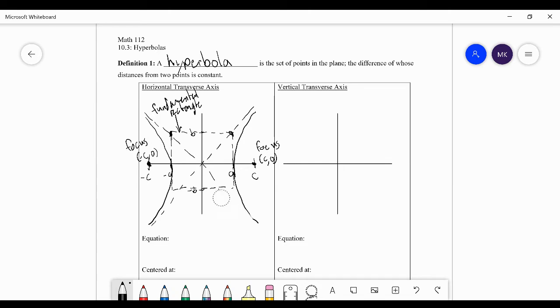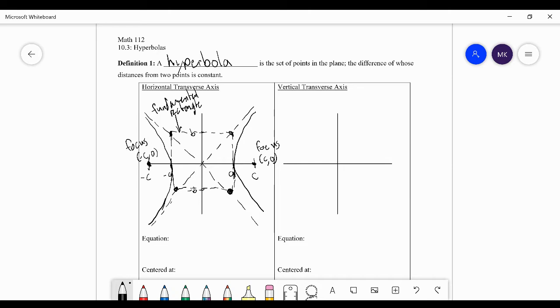Let me make this side a little bit better. This is also me not being to scale.